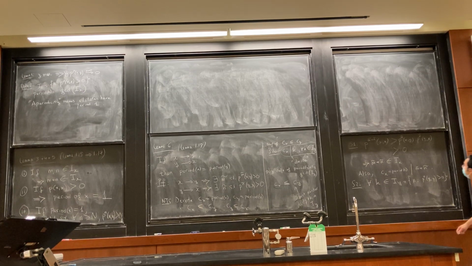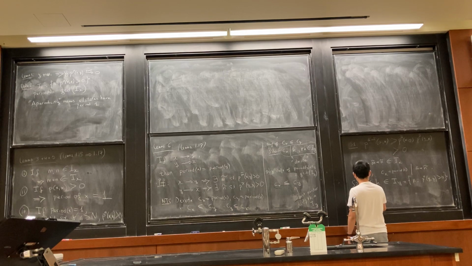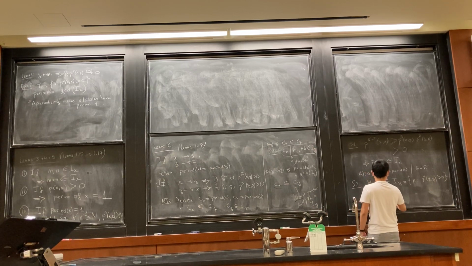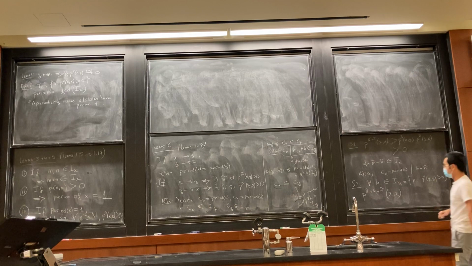What can I say about P^(ñ+k+ñ)(x, x), that probability? Can we go from x to x in that number of steps?